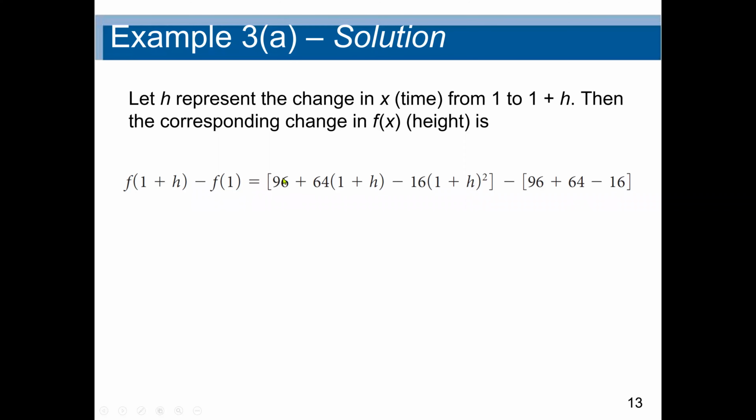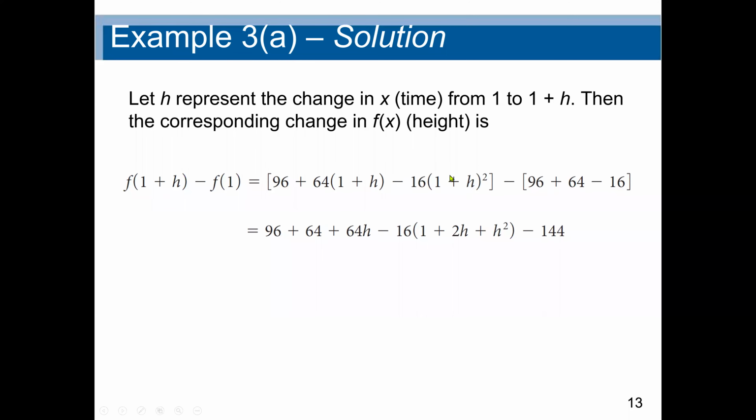So now we can open the parentheses here. Then we combine the two expressions. And this is what we get. 96, 64 times 1 is 64. 64 times h is 64h. Minus 16 times, first of all, 1 plus h squared will give us 1 plus 2 times 1 and h, so it will be 2h plus h squared.